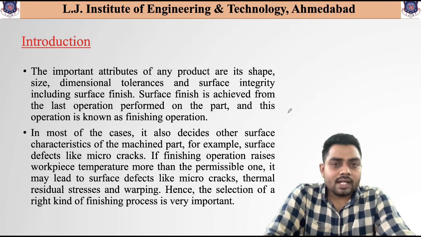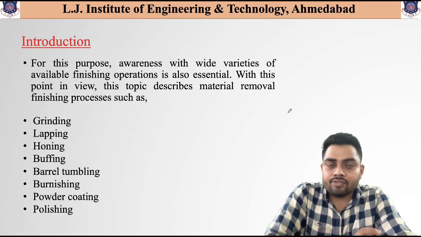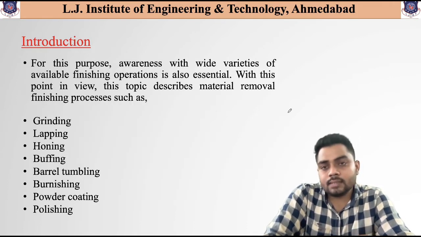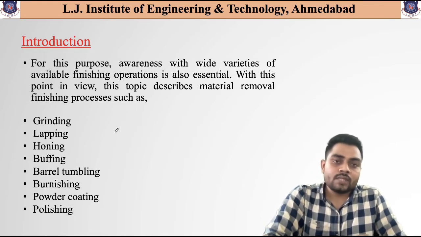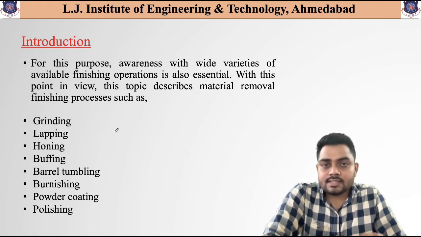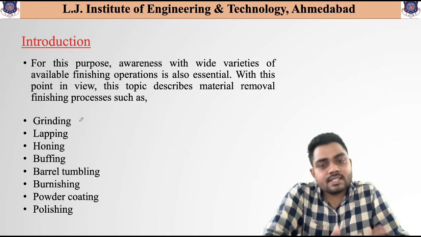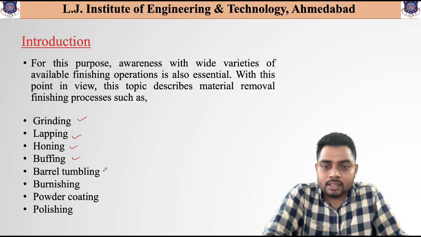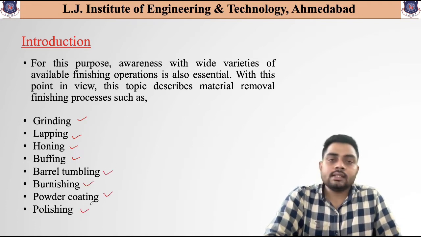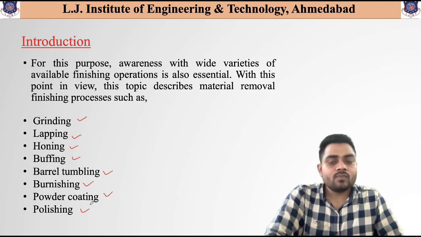There is a wide variety of processes available, and from those we will understand the different processes indicated over here. These are mainly surface finishing processes: grinding, lapping, honing, buffing, barrel tumbling, burnishing, powder coating and polishing. All these processes we will understand in detail step by step.